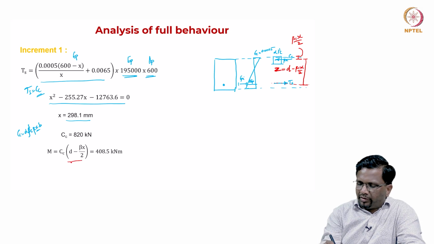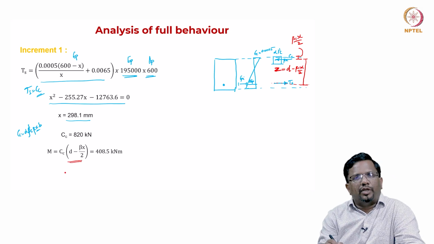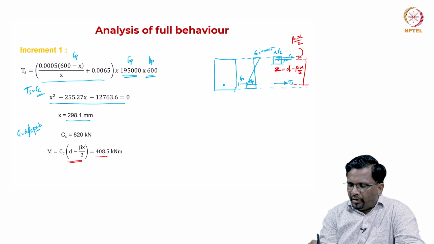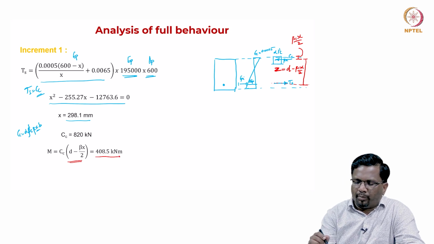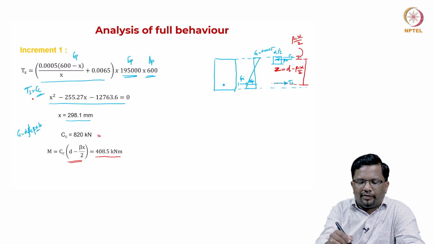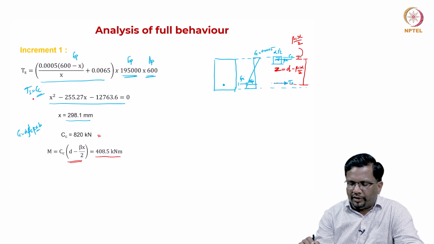This is nothing but your Z. Cc into lever arm Z will give me my moment resistance. Now, again we have to go back and check whether Cc is equal to Ts, because that is a condition that we have enforced. So, directly you get it.